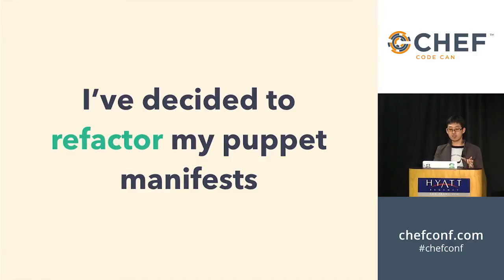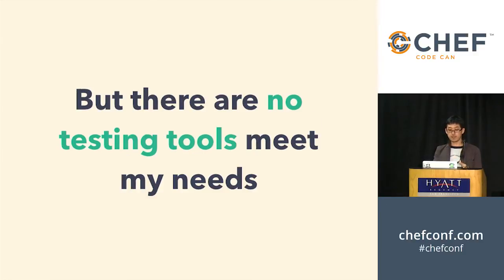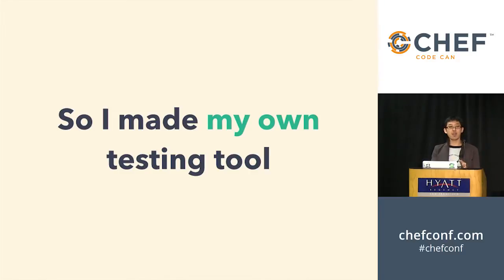And one day, I thought I needed to refactor my Puppet manifests. And in the world of software development, refactoring needs test code. This is also applicable to configuration management. But there were no testing tools that met my needs. So I made my own testing tool, that is Serverspec.